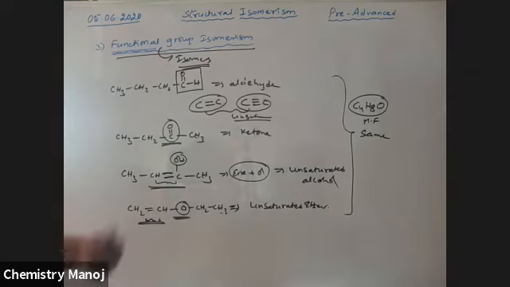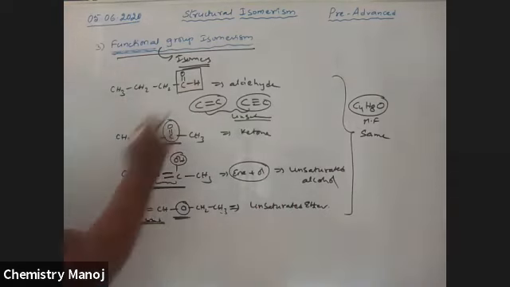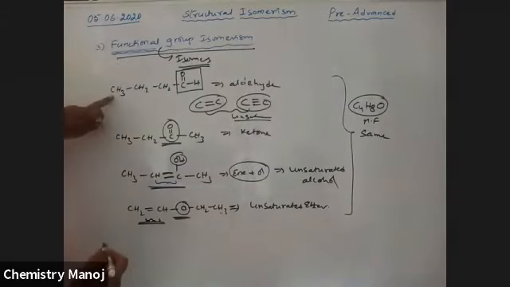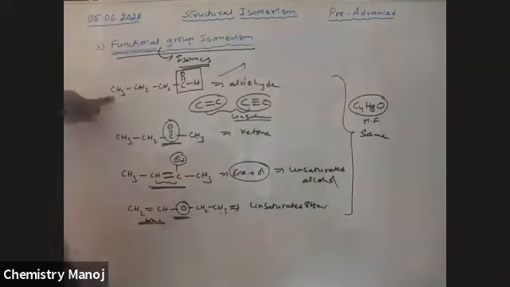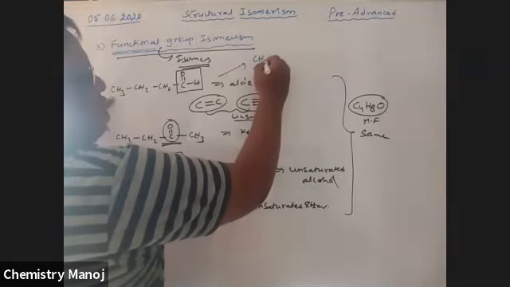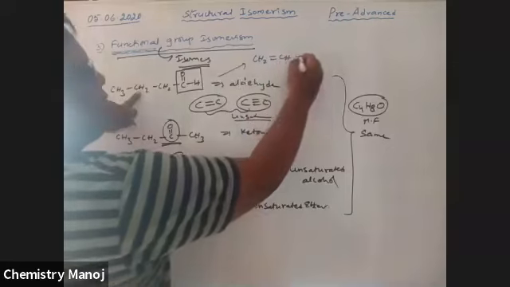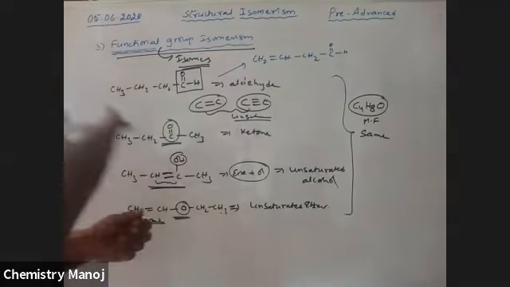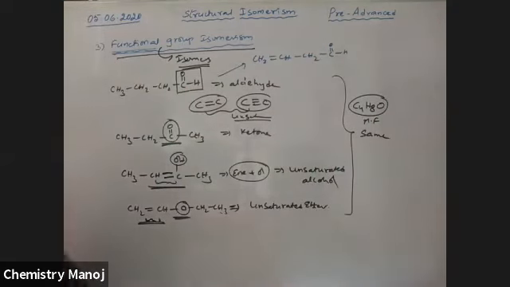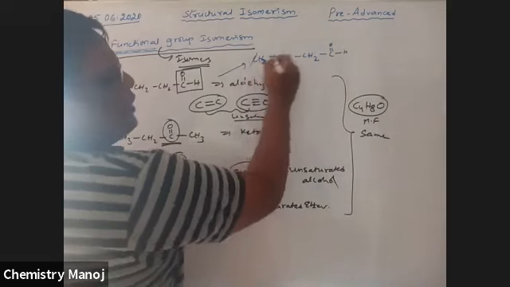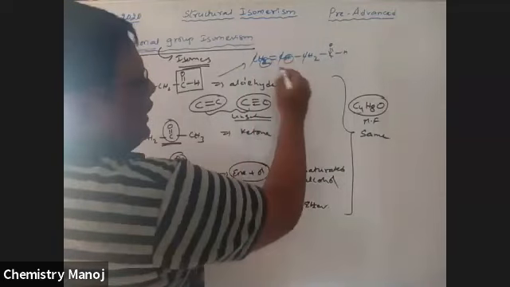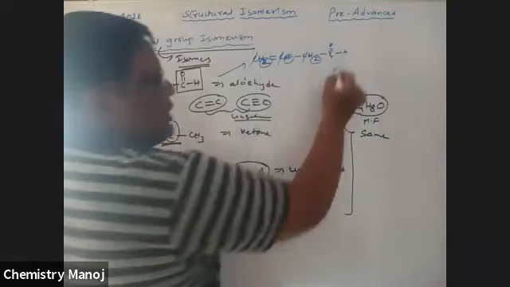If I take this one as unsaturated, I write the compound with unsaturation: CH2 double bond CH, CH2, C double bond O, H. Check the formula: 4 carbons, hydrogens 2 plus 1 is 3, plus 2 is 5, plus 1 is 6.